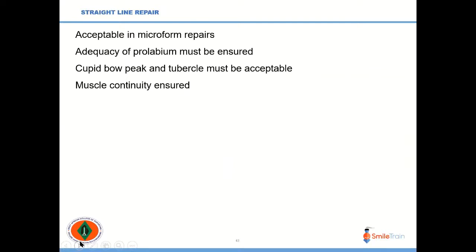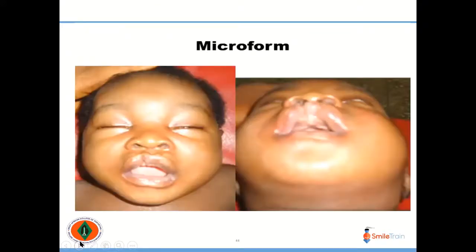So once the principles are not compromised, then you can use a straight line repair. And its usefulness is mostly with microform types, and then other ones like a microform with an incomplete that is not so major. Next. Next.